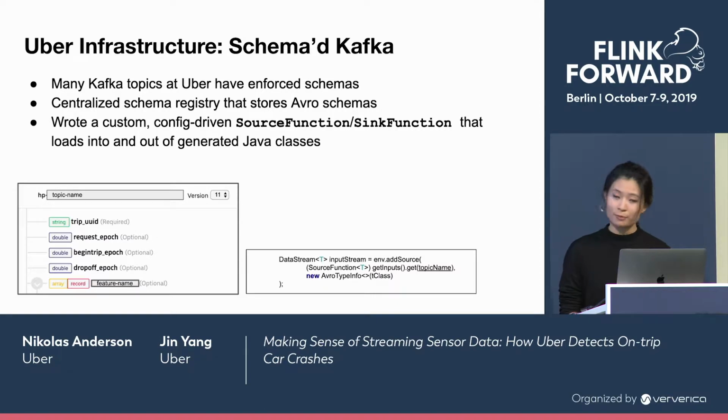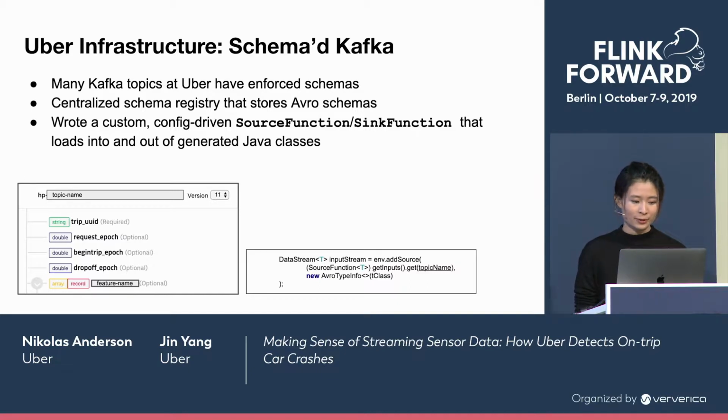This is an example of how Uber's infrastructure integrates with Flink. On the bottom right corner, you can see that when we're reading in an input stream, we use our Kafka topic name to grab a source function that translates Kafka topics into Java objects.